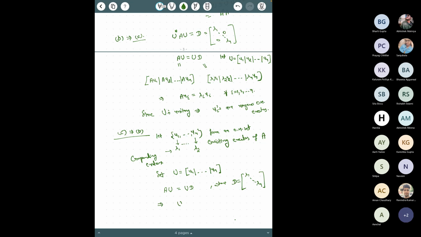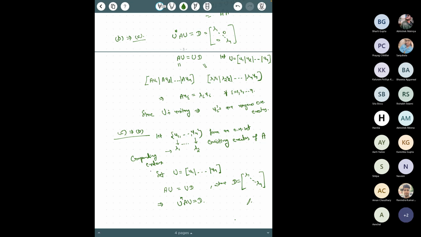So clearly U star AU is equal to D, and we are done. So if A is a normal matrix, then it is not only diagonalizable, it is unitarily diagonalizable, or equivalently there exists an orthonormal set consisting of n eigenvectors of A.